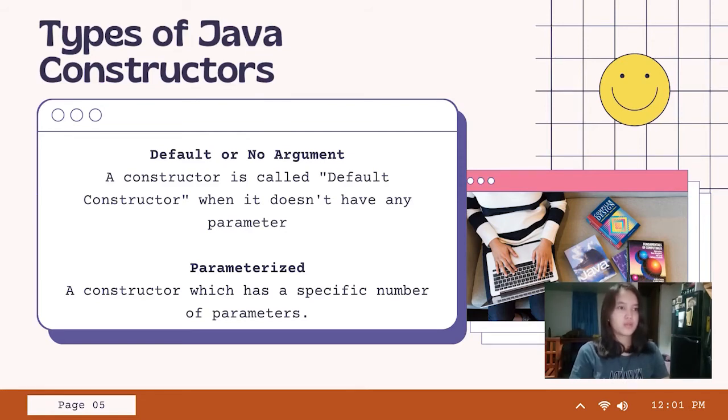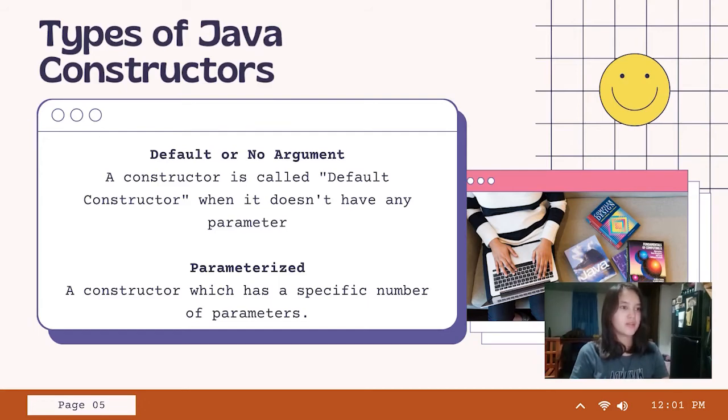So its purpose. First, a default constructor is a zero argument constructor which contains a no argument call to the superclass constructor. Second, to assign default values to the newly created objects is the main responsibility of the default constructor.